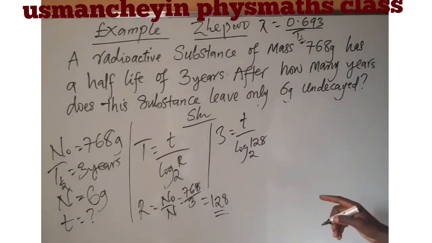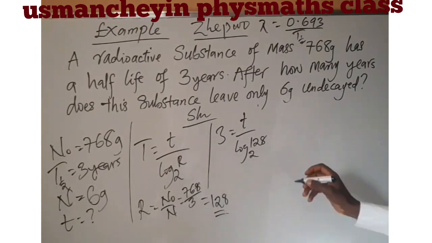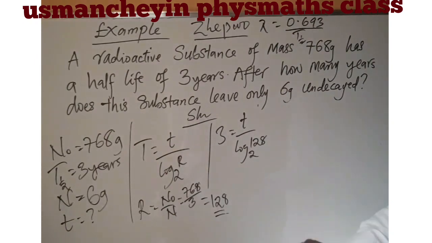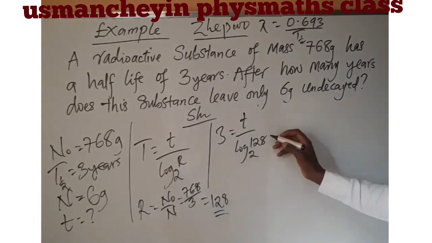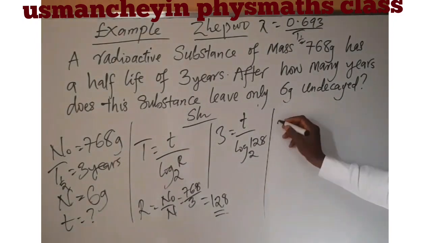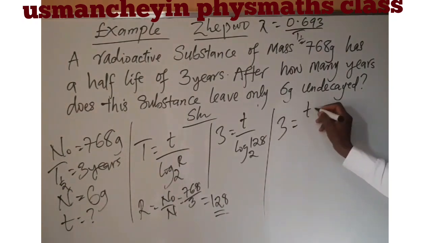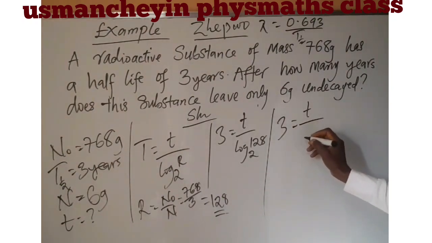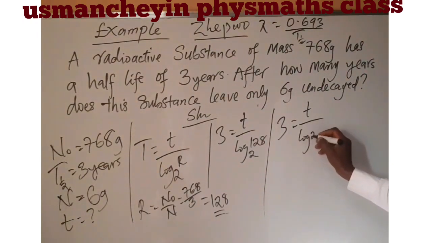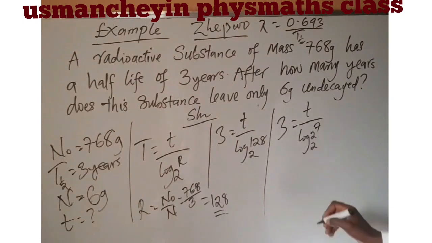There is a way we can write 128: it is 2 raised to power 7, base 2.